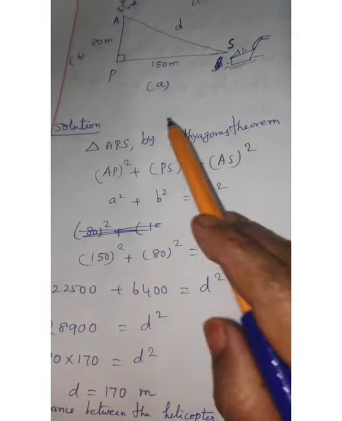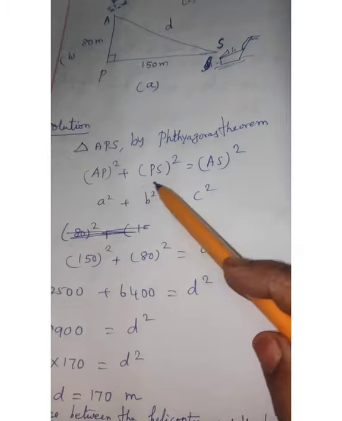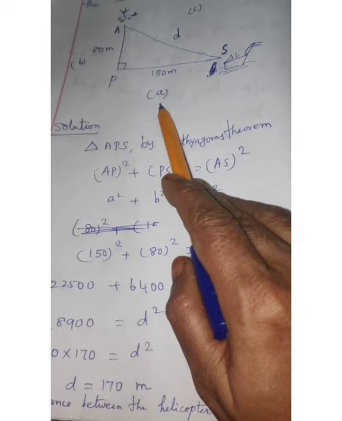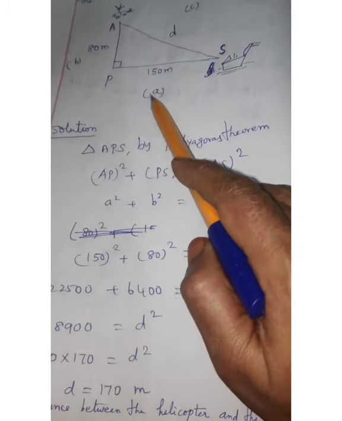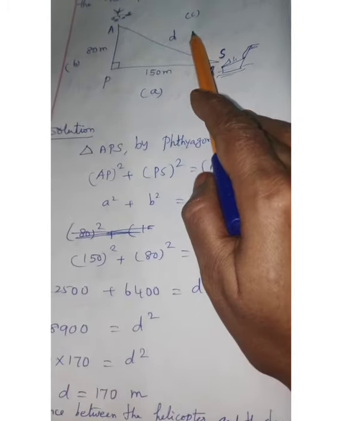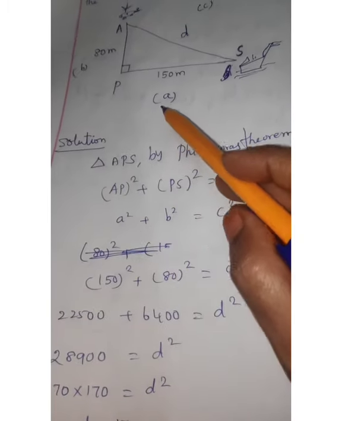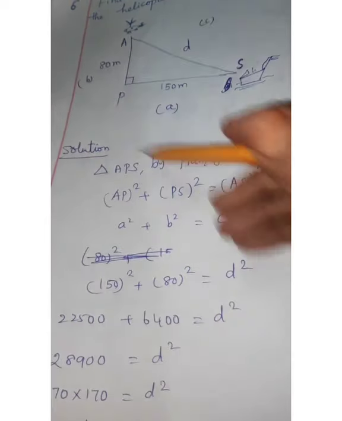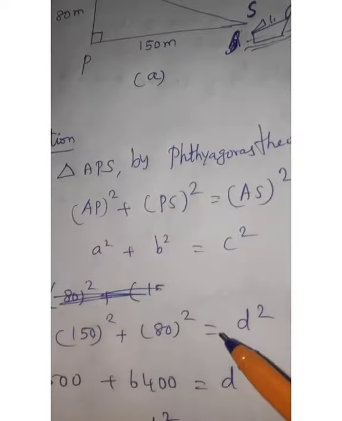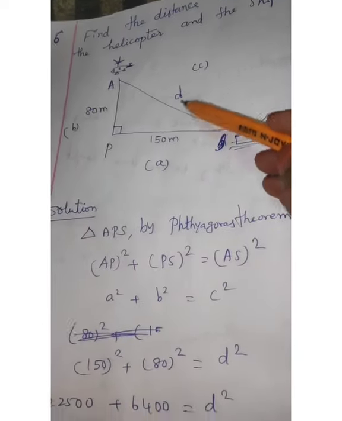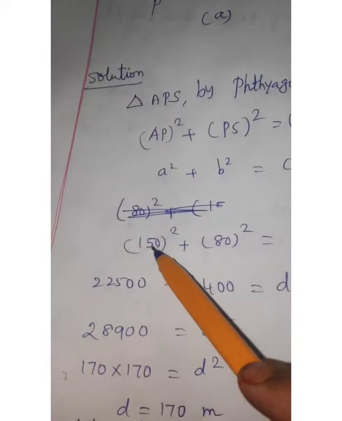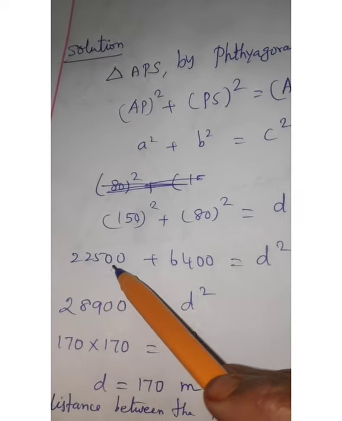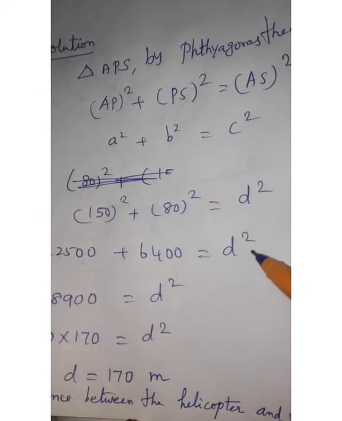By Pythagoras theorem, AP squared plus PS squared equals AS squared. So A, B, C: A squared plus B squared equals C squared, an easy formula. A equals 150 squared plus B equals 80 squared, and C is D squared. 150 times 150 is 22,500, plus 6,400 equals D squared.